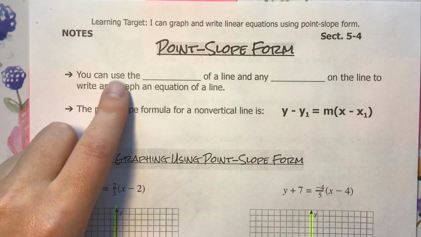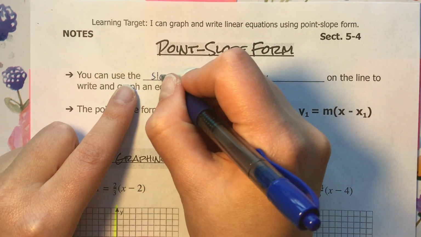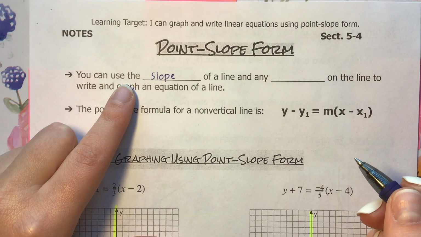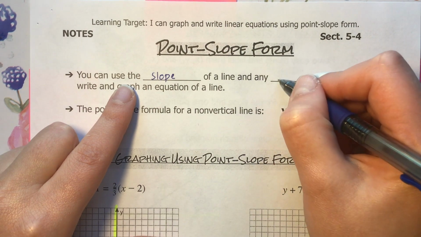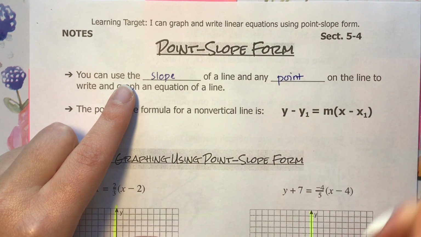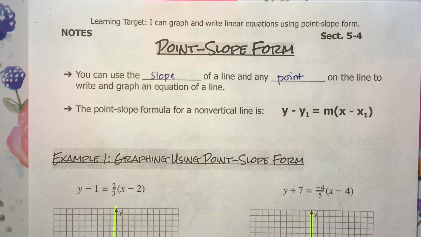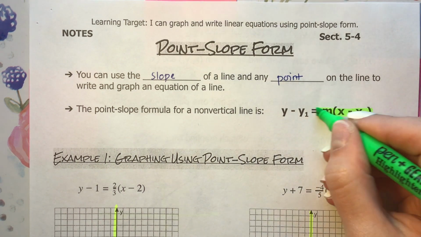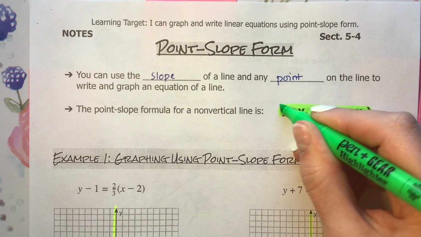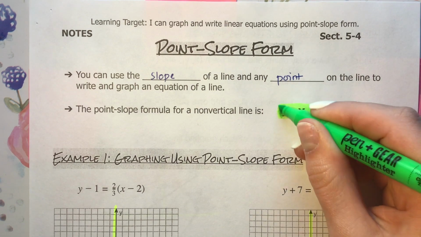You can use the slope of any line and any point on the line to write and graph an equation of a line. So the point-slope formula for a non-vertical line is going to be this guy right here. That is important.